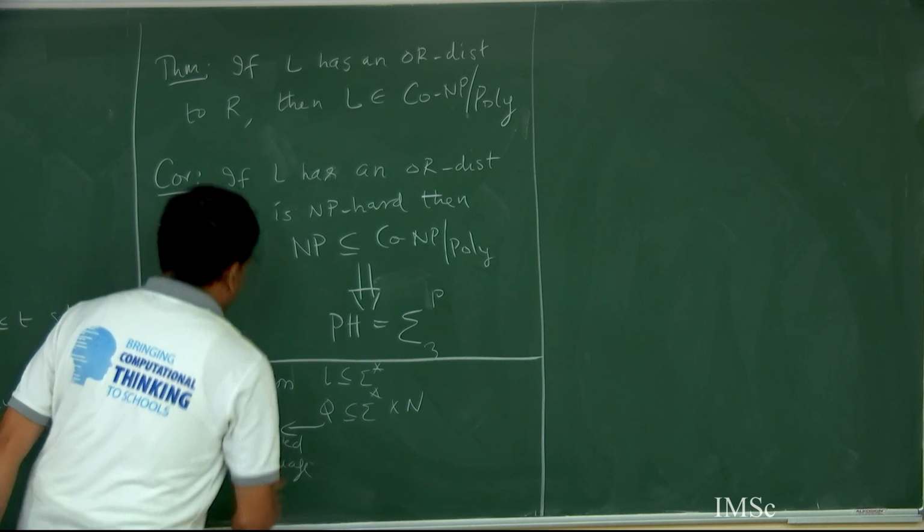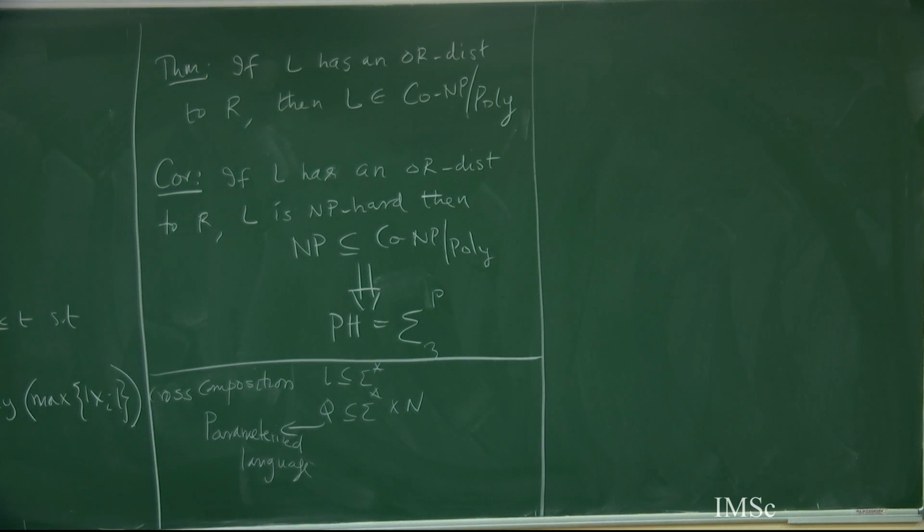I keep saying language, which is a departure from what you are used to so far in this course, but think of a language as an encoding of a problem. For example, the encodings of graphs having a path of length k. That set is a language. So, you can think of a language as a problem, if you like.